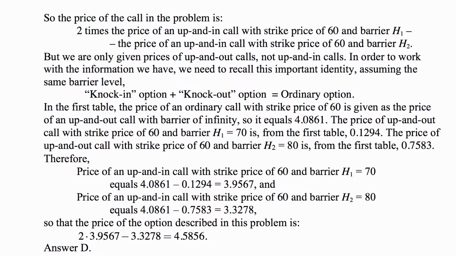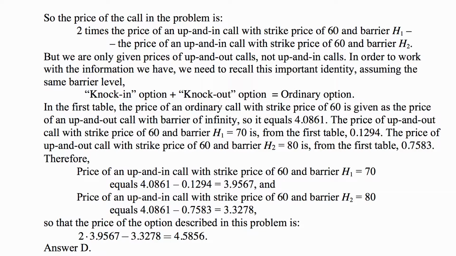So in the first table, the price of an ordinary call with strike price of 60 is given as the price of an up and out call with barrier of infinity, and it equals 4.0861. The price of an up and out call with strike price of 60 and barrier H1 equal to 70 is, from the first table, 0.1294.